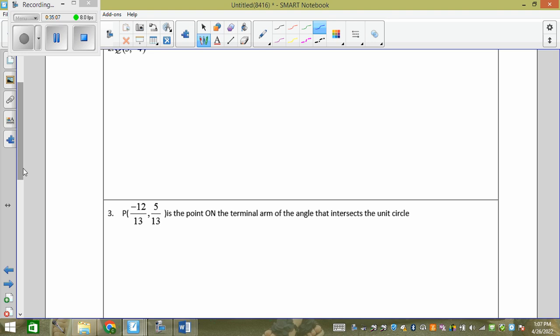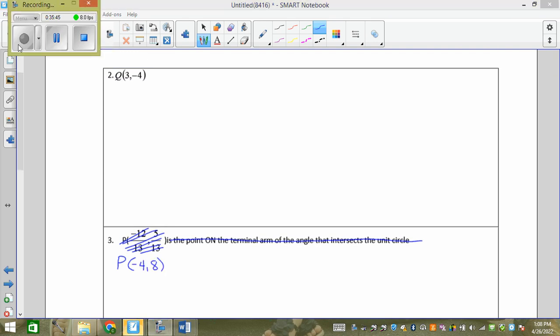And then down here, I'm changing this one. So try this one out, and then I'll write the other point down. So number 2, we're doing 3 and negative 4, and then number 3, we're doing negative 4 and 8. I forgot to press that. We'll do it for this one.